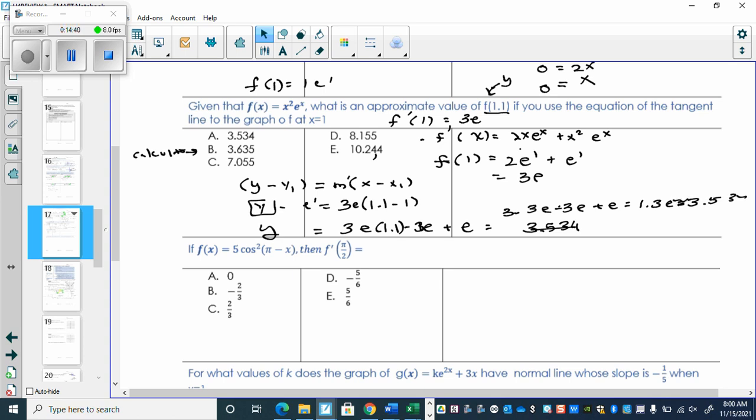And we want to approximate this. Here, find the derivative, and you'll get your answer there.